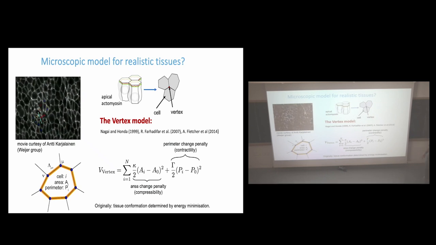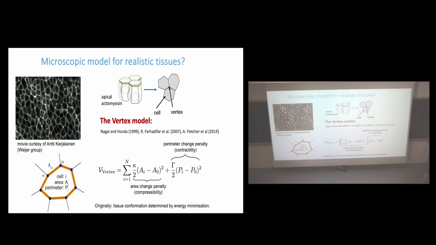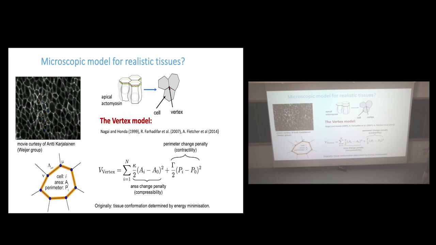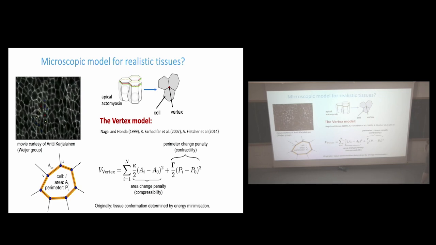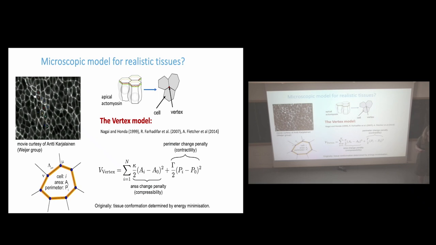So originally people just minimized this using something like Surface Evolver, which was done for foams, but clearly when I talk about active materials, and as you've seen in the movies before, this is insufficient. So how do you make this active?